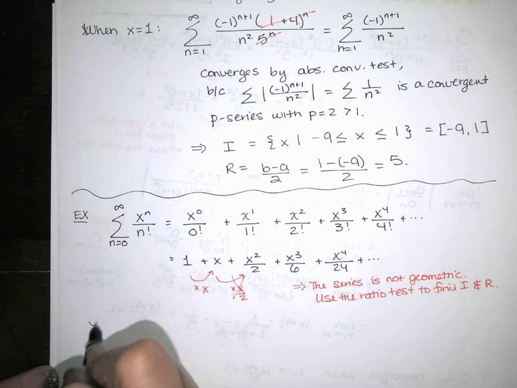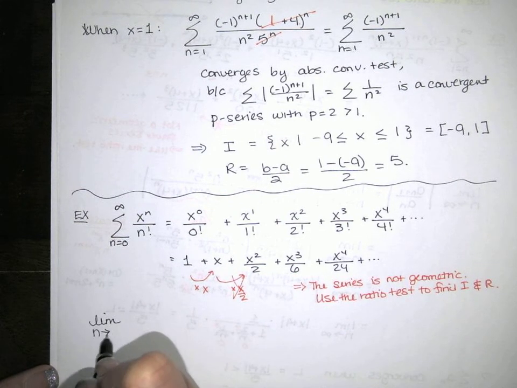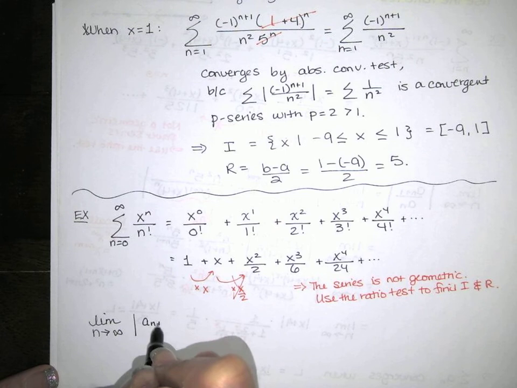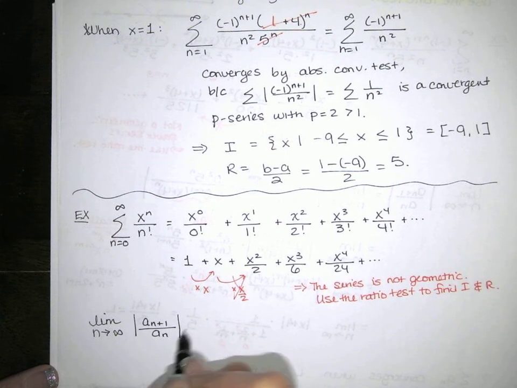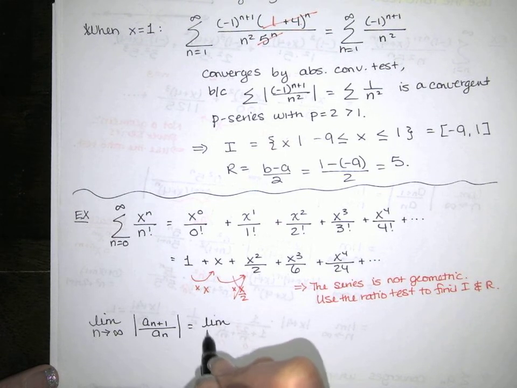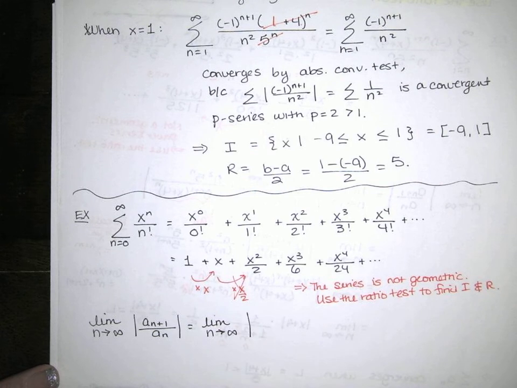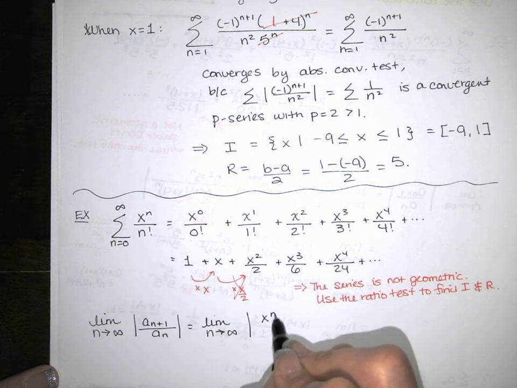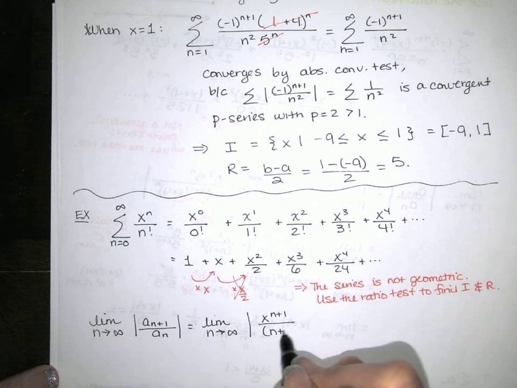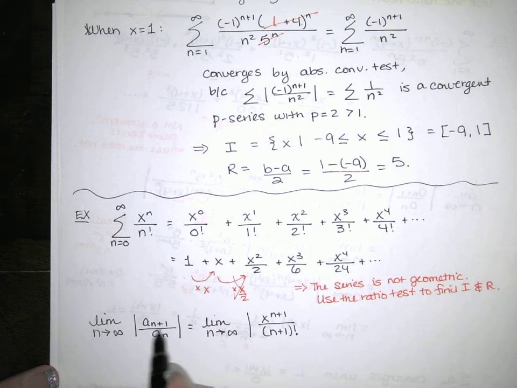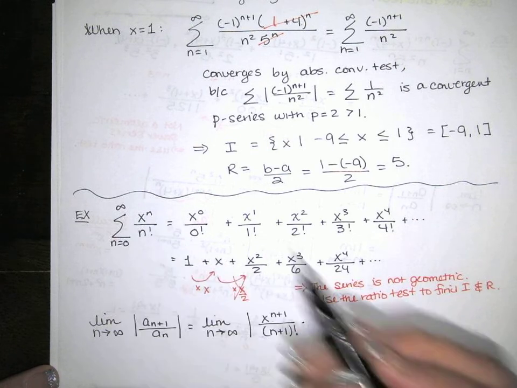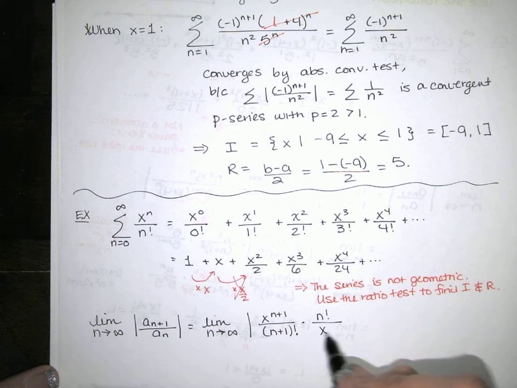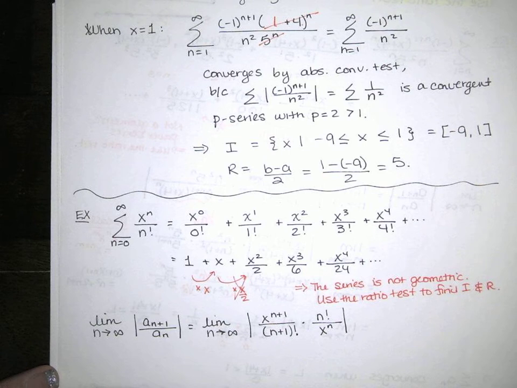Okay, so we compute the limit as n goes to infinity of the absolute value of a sub n plus 1 over a sub n. And a sub n plus 1 looks just like this. You just replace all of the n's with n plus 1's. And you're dividing by a sub n. So you just flip a sub n and multiply. All of these are positive except for maybe the x's.